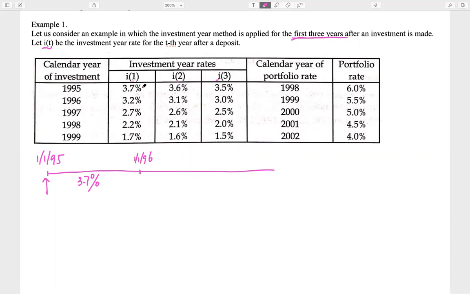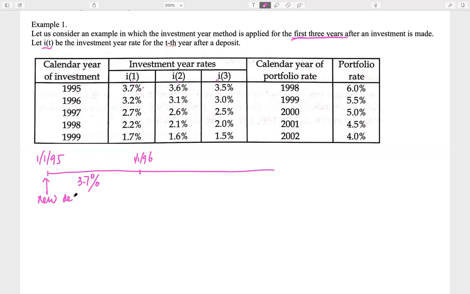That is given by i^1 because that's the first year interest rate for the new money. This is new money, right? New and old are relative concepts. Here new means I already have this investment fund set up many years ago. Now on January 1st, 1995, there is a new deposit.